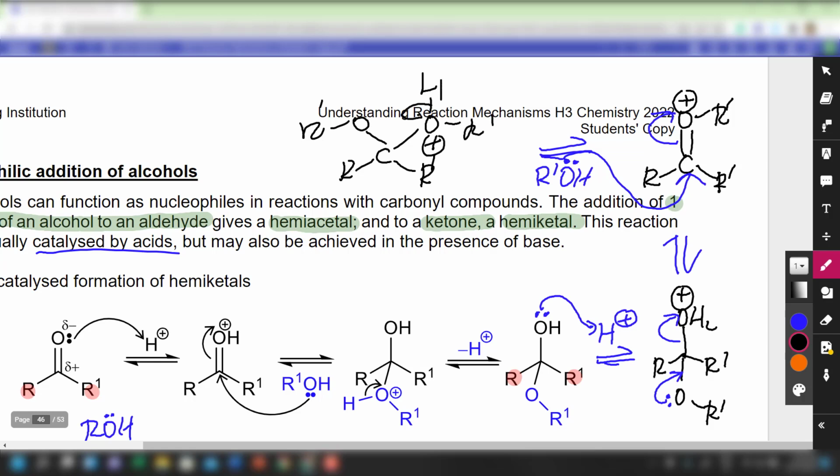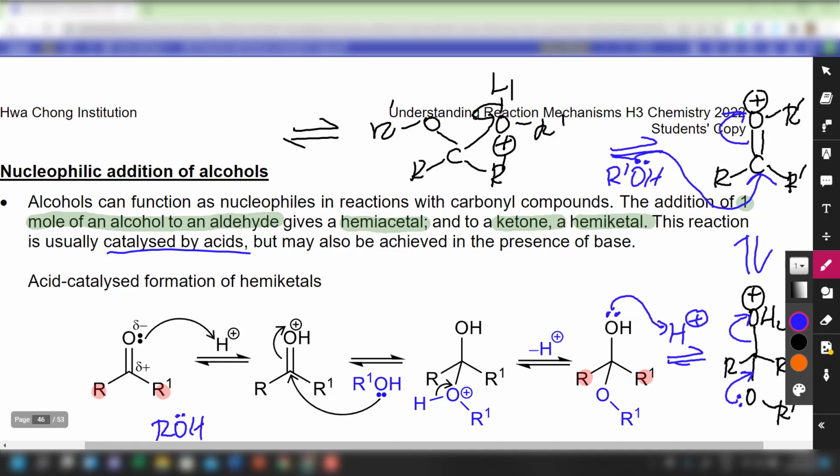Then this H will be lost, and eventually I'm going to end up with what we call a ketal. I'm just going to draw it here. So the ketal looks like this: carbon, R prime, and then O, R1, and then O, R1. So this is known as a ketal.